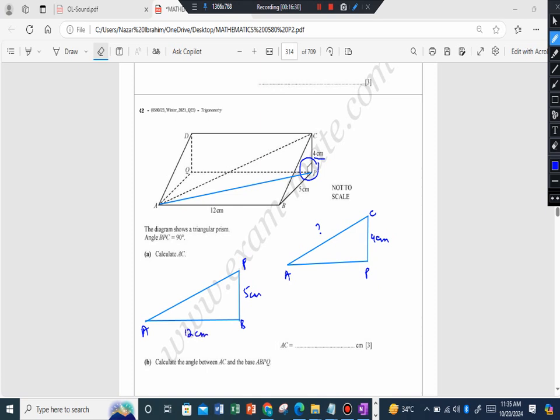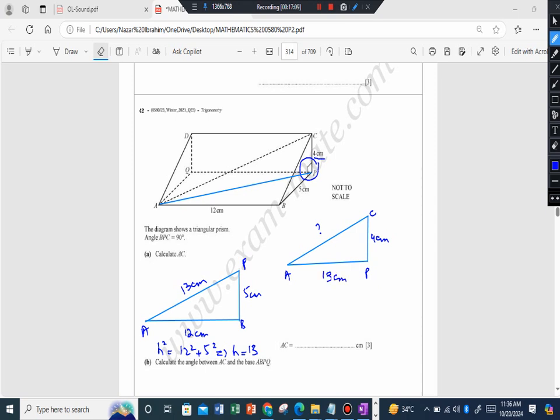So we can calculate AP by using the Pythagoras theorem, which says that hypotenuse square is equal to base square plus perpendicular square, right? So H, which is AP, is equal to the square root of 12 square plus 5 square. Taking it in the calculator, 5 square plus 12 square, I am getting 13, right? So hypotenuse, which is AP, is equal to 13 centimeter. So AP is found, which is 13 centimeter.